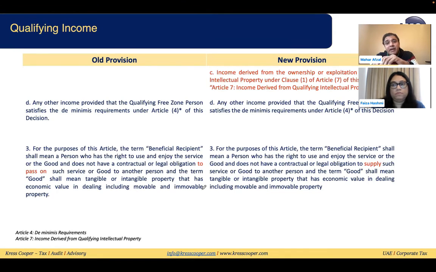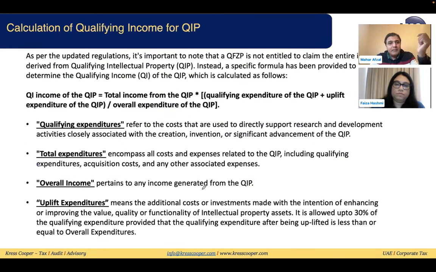So they are asking for income from the ownership and exploitation of the qualifying intellectual property. So we need to look into what the qualifying intellectual property is and how much portion of that income will be considered qualifying income. This is the formula they have given in the respective cabinet decision, the qualifying income of the qualifying intellectual property. We know this, what is qualifying intellectual property. We have already discussed the definition.